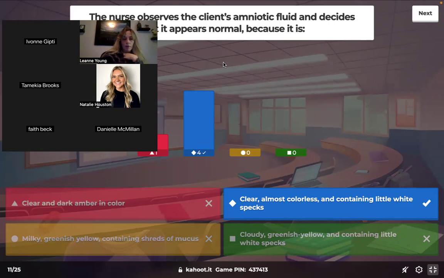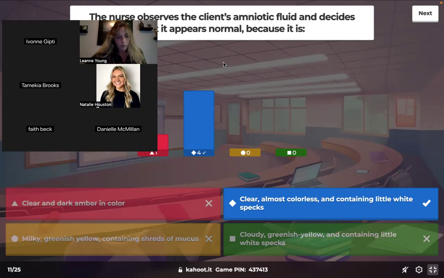Yeah. So I was doing my NCLEX questions this week and I kept getting it wrong because it kept saying straw-like colored. So you can have a little bit of that with amniotic fluid. That's really tricky. I don't like that they said that.